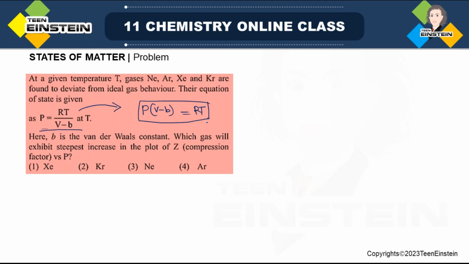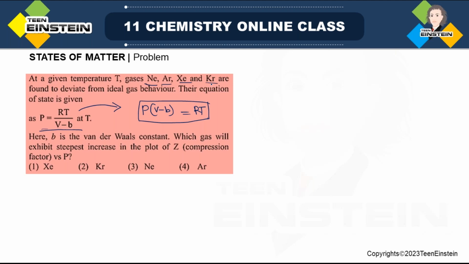Now read the question. It is saying that at a given temperature T, that means capital T, temperature is fixed, and you have these 4 gases, neon, argon, xenon, krypton, all are noble gases given. It is found that all of them are deviating from ideal gas behavior, and the equation that they are obeying is already given here.